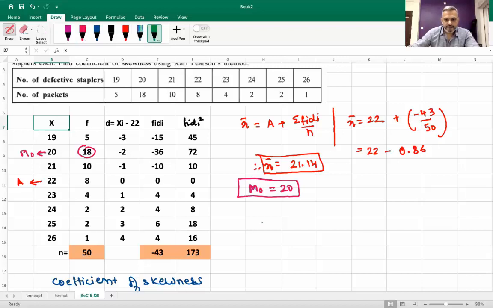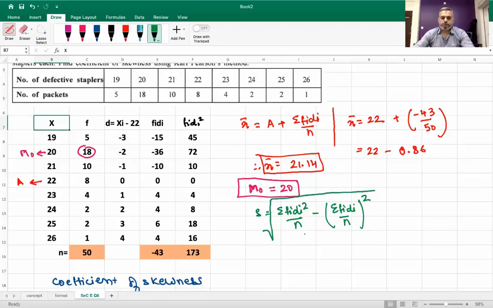Now standard deviation is equal to sigma Fi di square upon n minus sigma Fi di upon n the whole square, and the whole under root.